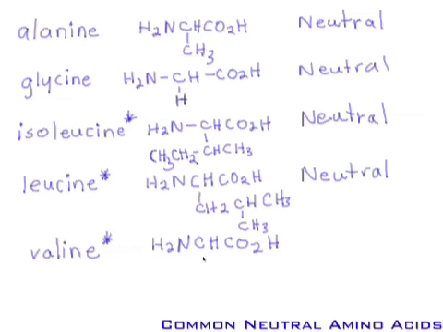And that alkyl group is an isopropyl. And that makes it a neutral amino acid. Okay, so there are 5 amino acids, and their common feature is that as R group side chains, they have alkyl groups, and because of that, they're all neutral amino acids.